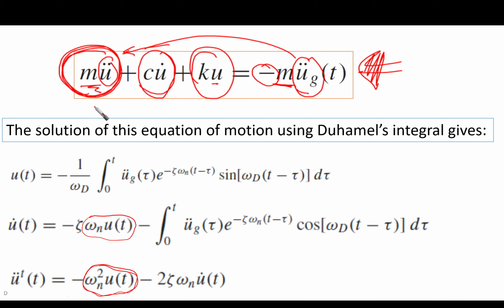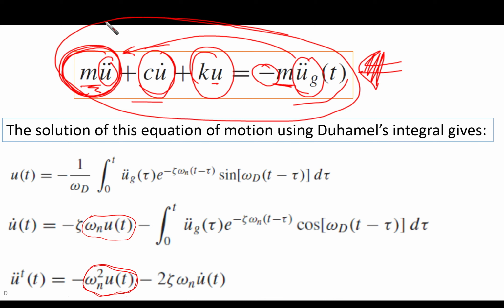Anyway, this is a differential equation, and our mathematician friends solve it for us. Our unknowns are u, u dot, and u double dot: the deformation, the first derivative, and the second derivative.